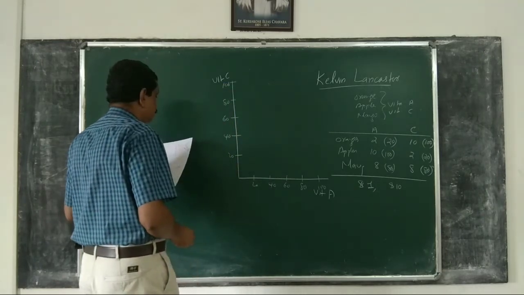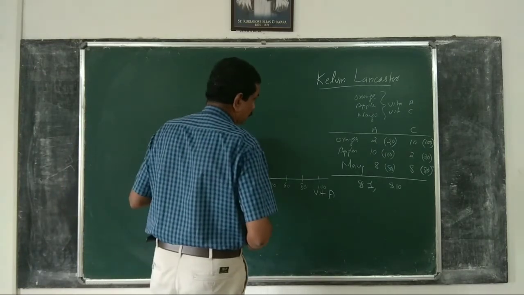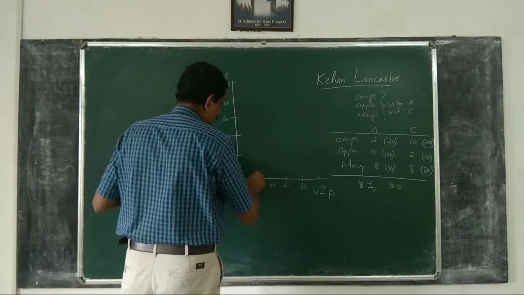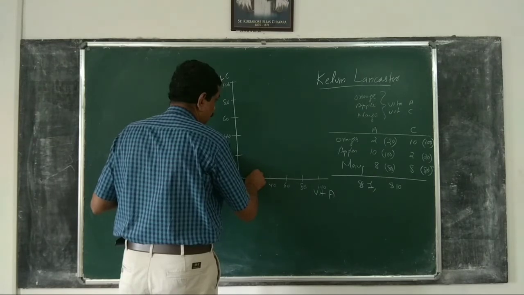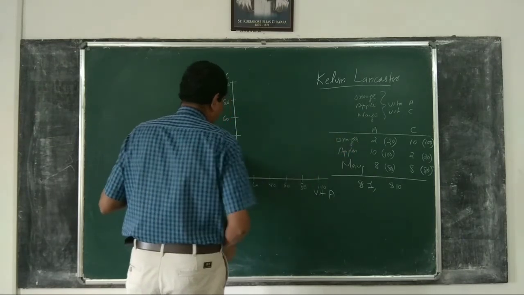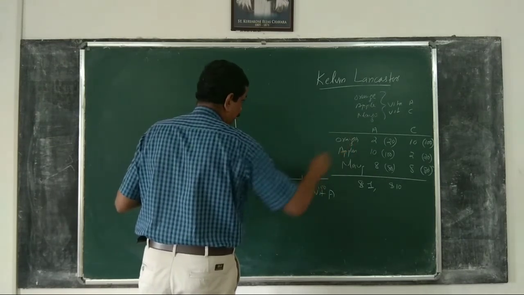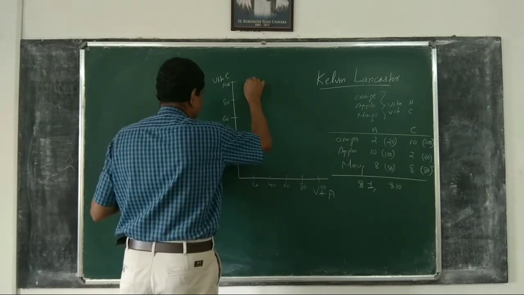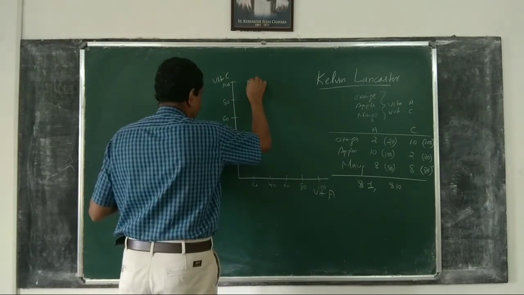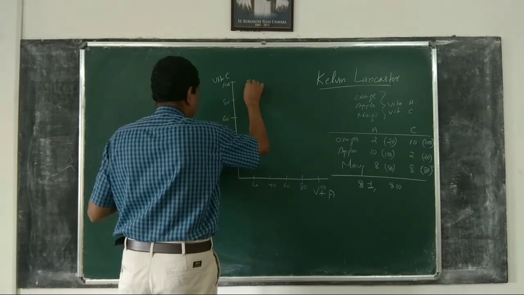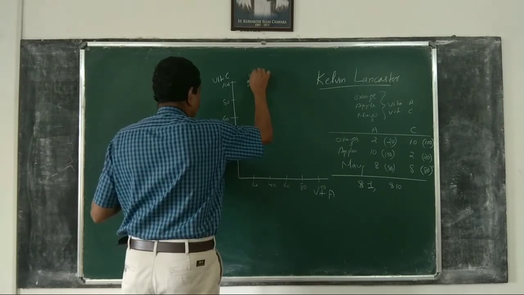Now, from oranges, he will get 20 units of vitamin A and 100 units of vitamin C. This is point, let it be point A from oranges.